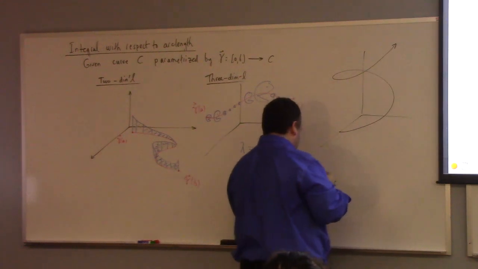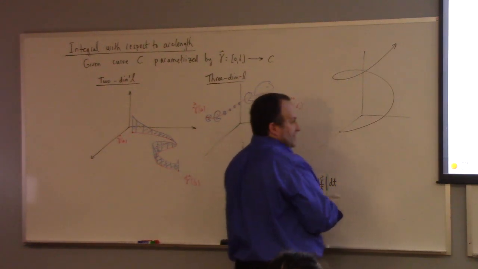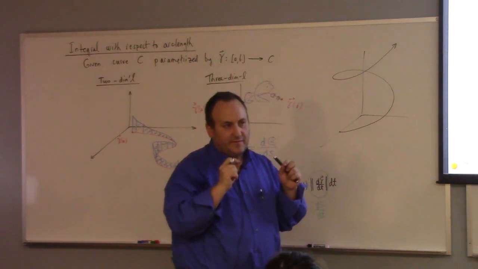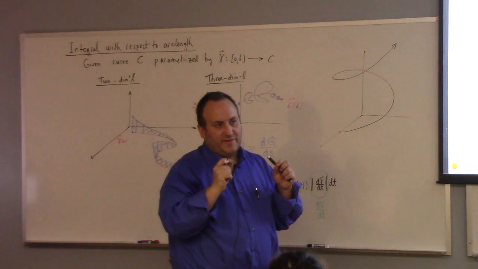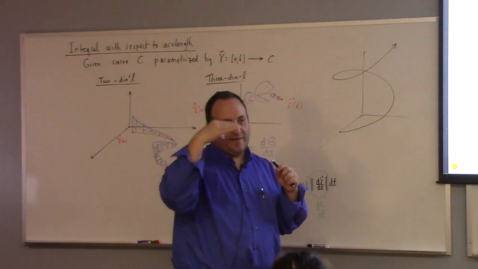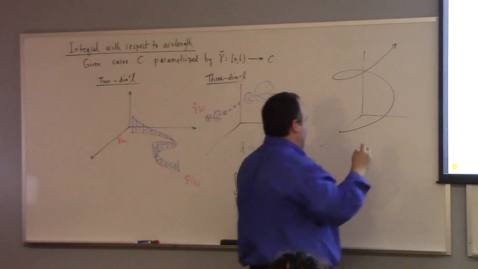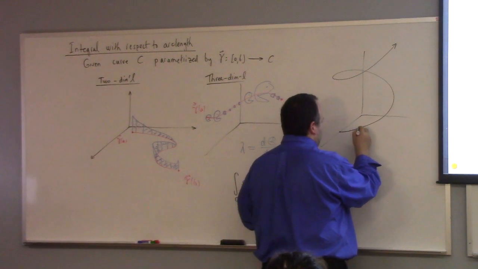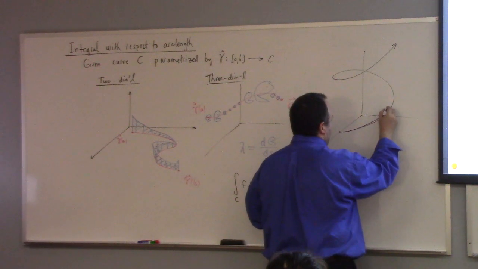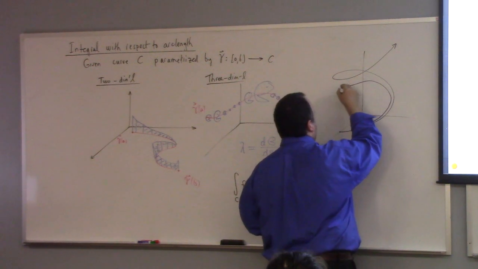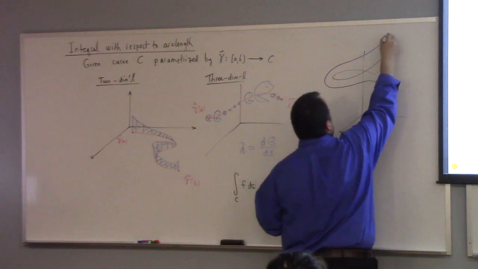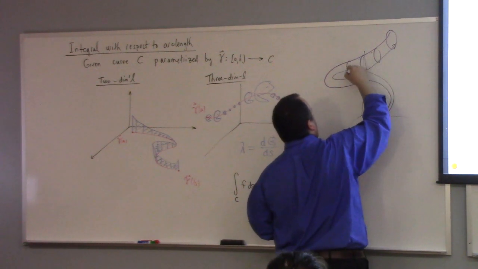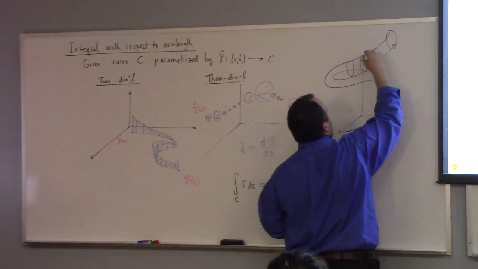My picture's never really quite accurate, but if the mass is dependent on the size of the wire, dm dz equals z, that means as z gets bigger, the mass per unit length gets bigger. So it starts out pretty thin, but then as you go up, it's supposed to get bigger. My bad.